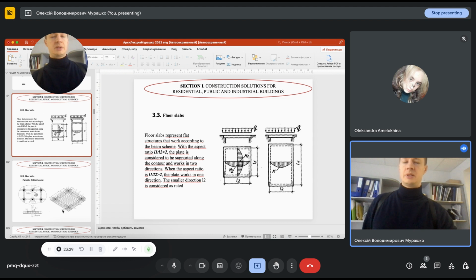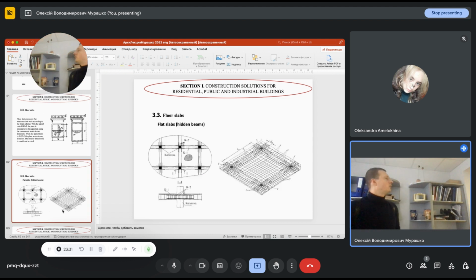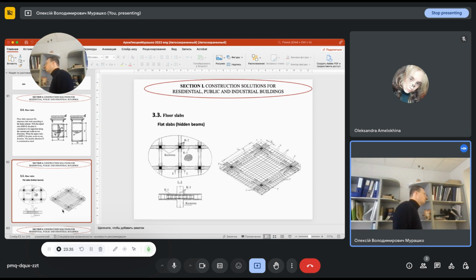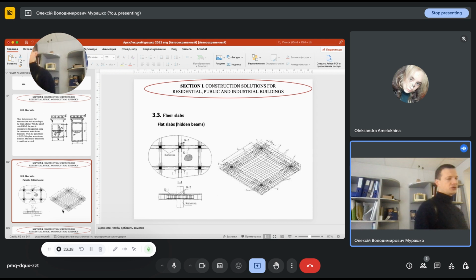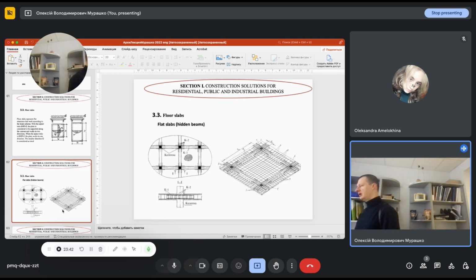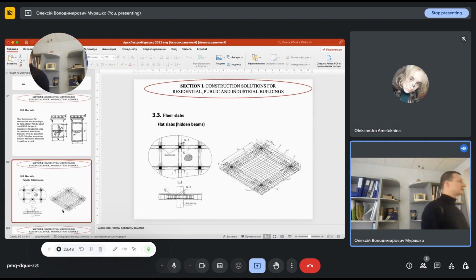So the next question which we will consider during this lecture is connected with the types of reinforcement of such slabs. Before this, on our first lecture, when we tried to consider the structural schemes of frame structural systems, we found that we have various variants of frame structural system.